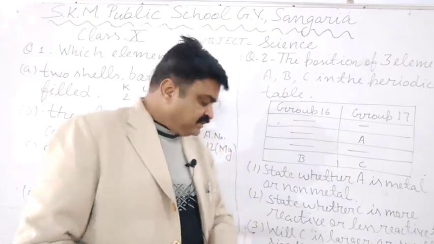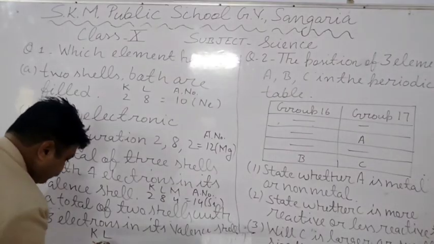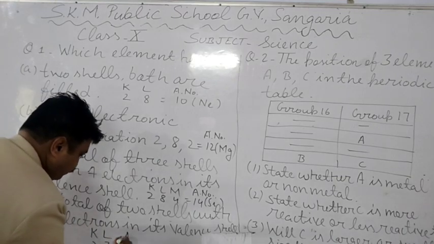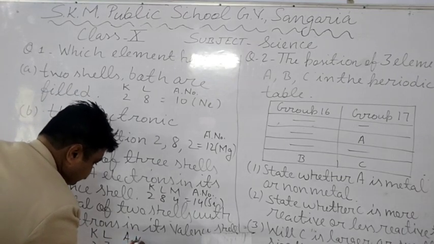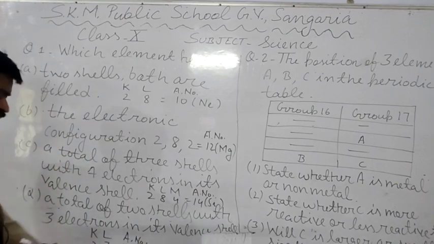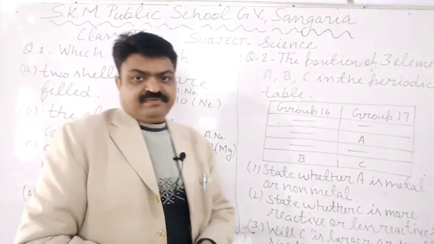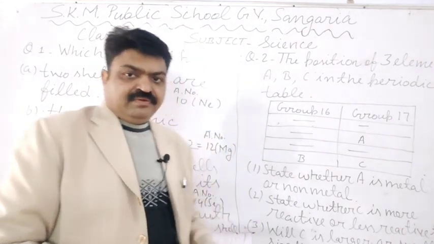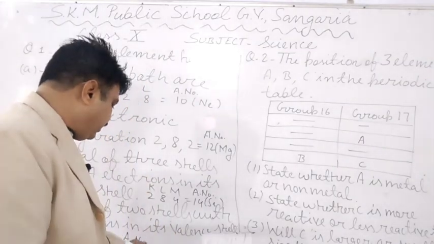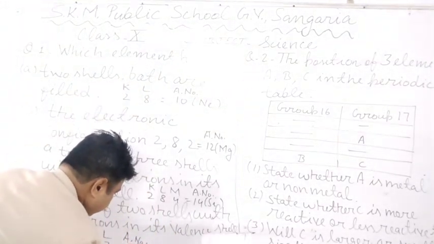And in the valence cell how many electrons, student? There are 3. So the atomic number of that element is 5. And what is the atomic number 5 element, student? It is boron. So you write here boron.